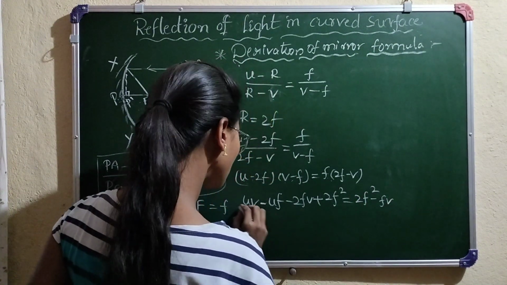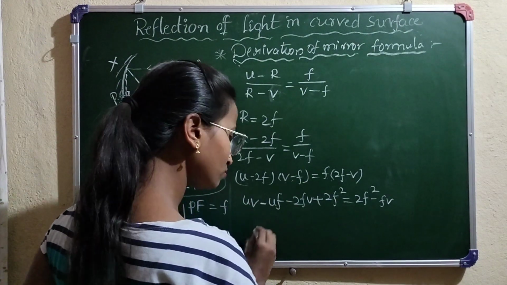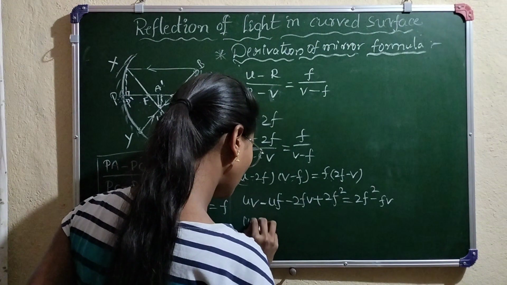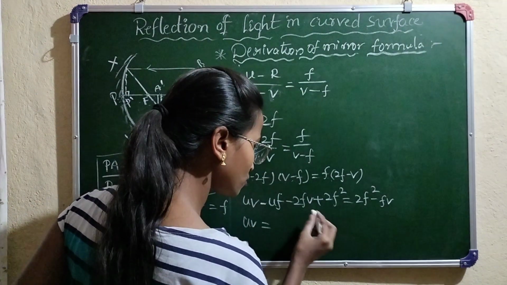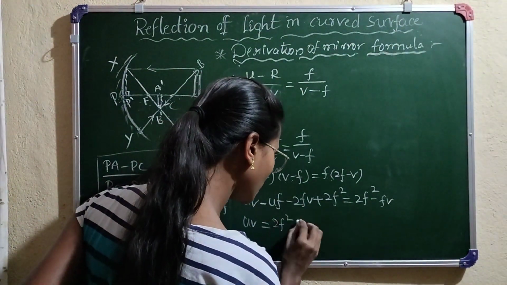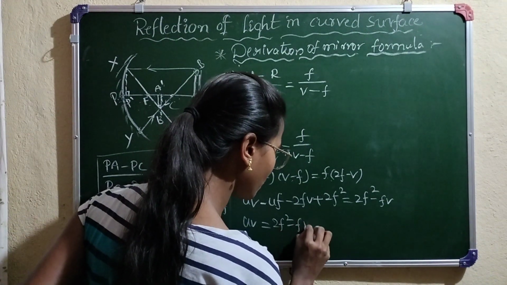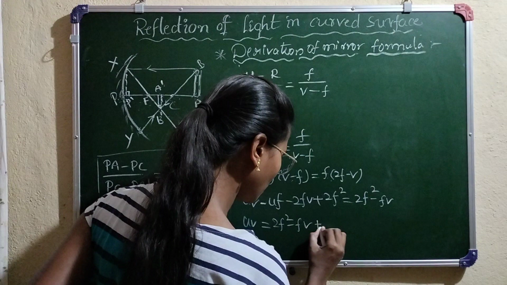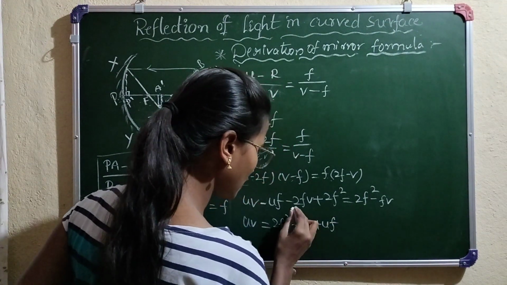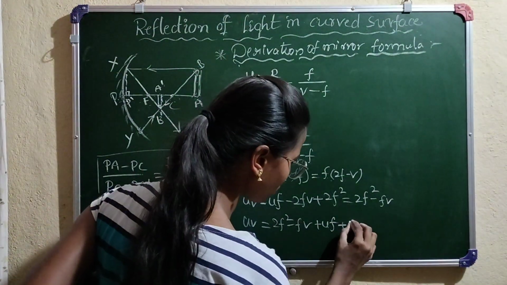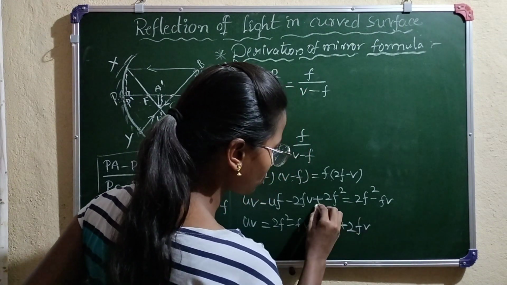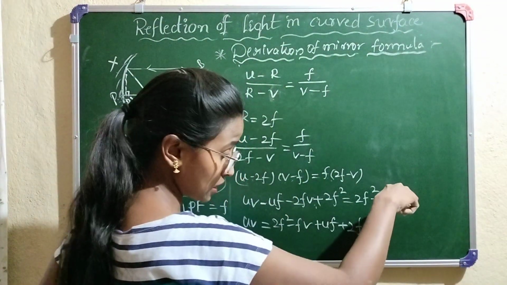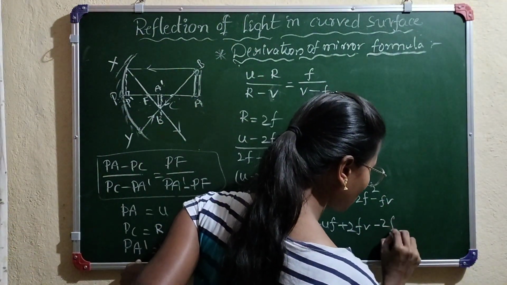Now if you observe, this 2F square I am taking to that side, and UV I am keeping here, and 2F square minus FV, the remaining terms I am taking to that side. So minus UF will become plus UF, and minus 2FV becomes plus 2FV. So plus 2F square will become, if it comes to this side, minus 2F square.